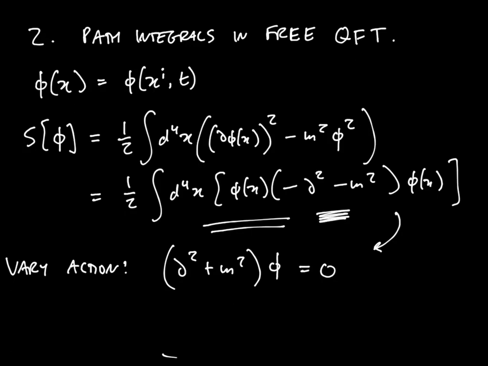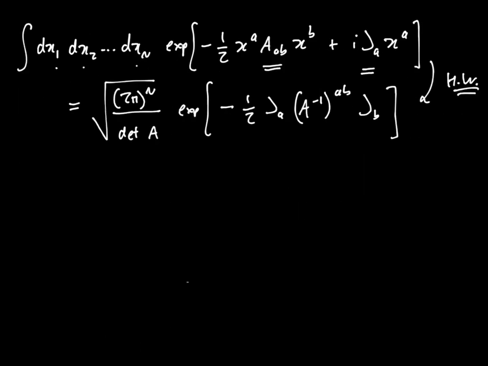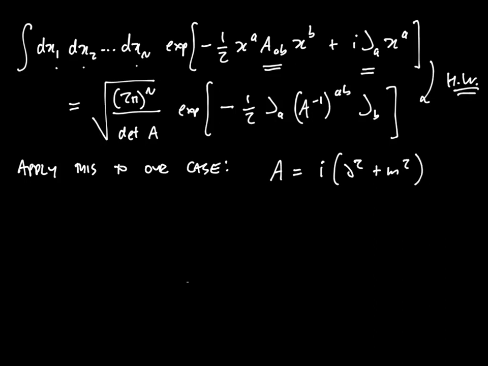So, the analogy here is that to apply this to our case, it's pretty much exactly the same, except that the operator A is this differential operator, d squared plus m squared.